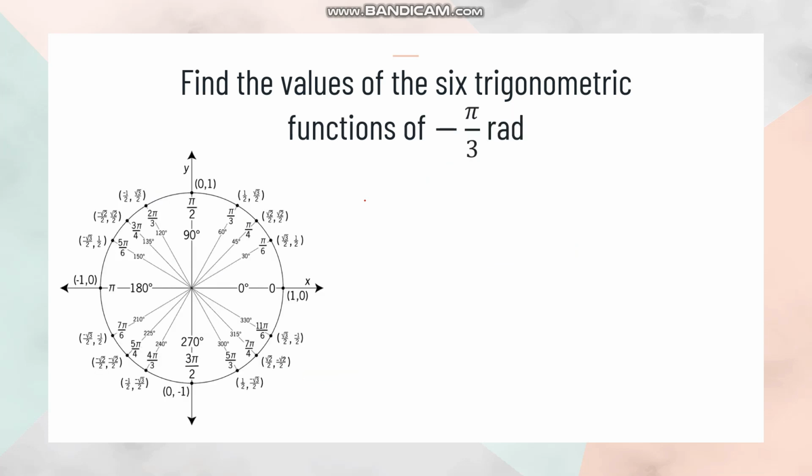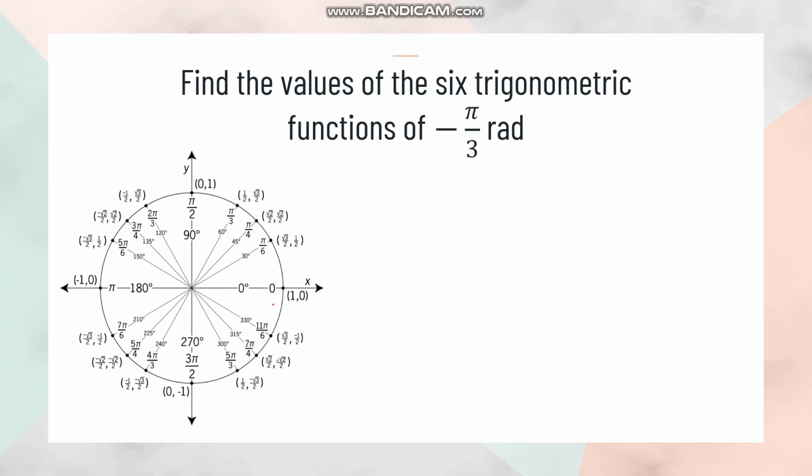And lastly, let's try to find the values of the 6 trigonometric functions of negative pi over 3 radians. So as you can see, the angle given to us is negative. So that means from the initial side, the rotation should be clockwise. So originally, pi over 3 is equal to 60 degrees. So from the initial side, we just have to move 60 degrees clockwise.